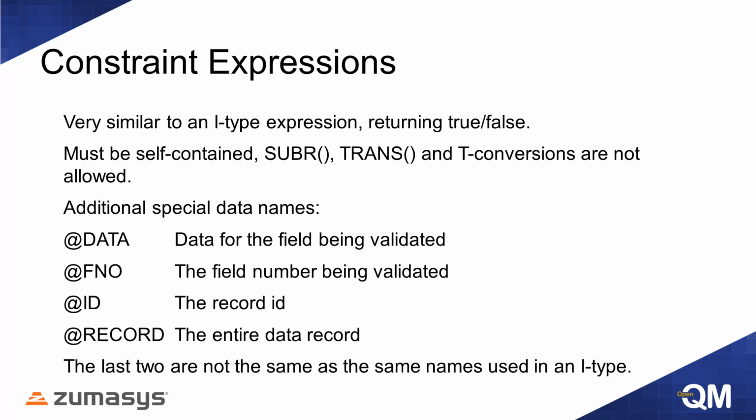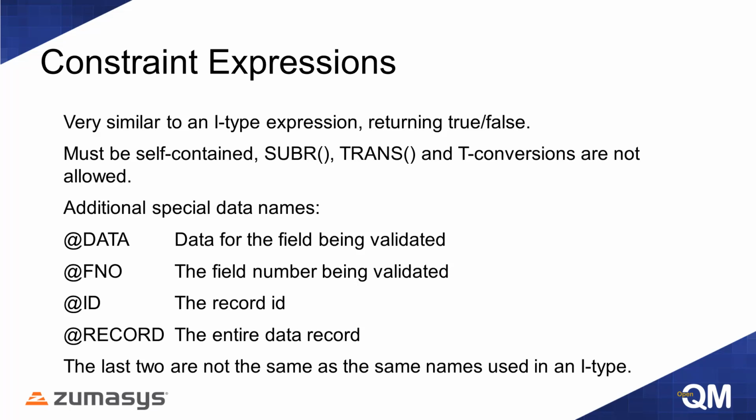Expressions themselves, as we say, are very similar to an I-type expression, returning true or false, and they must be self-contained. They mustn't make reference to any external subroutines, transfunctions, T-conversions, etc. This is not about doing inter-file data integrity. This is about checking that the data we write in any field has the correct type.